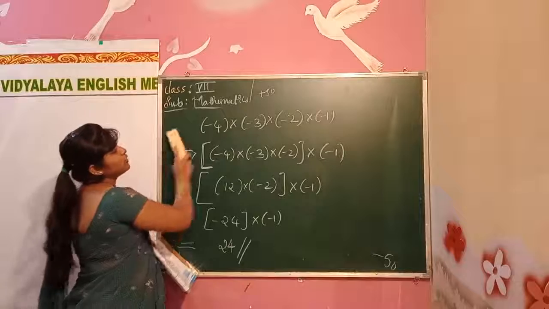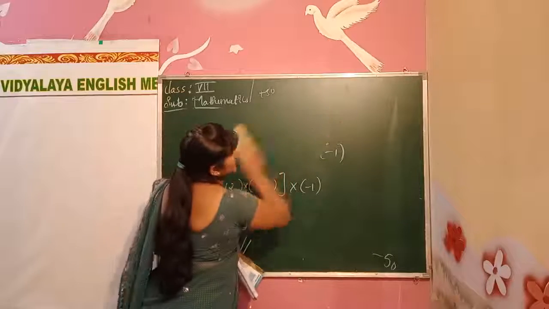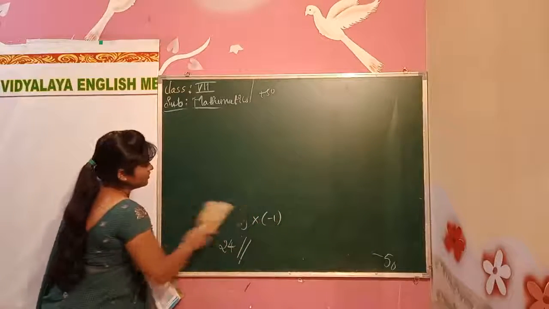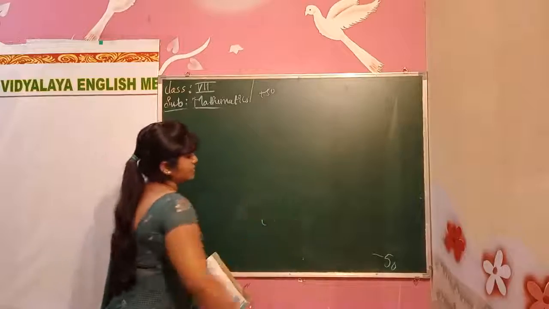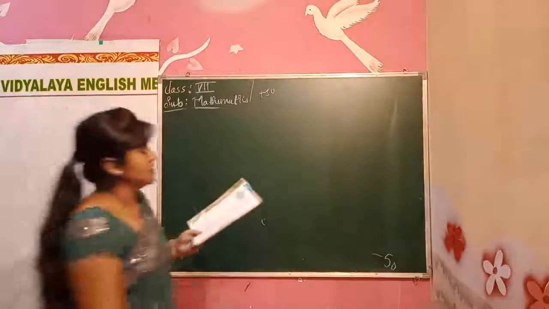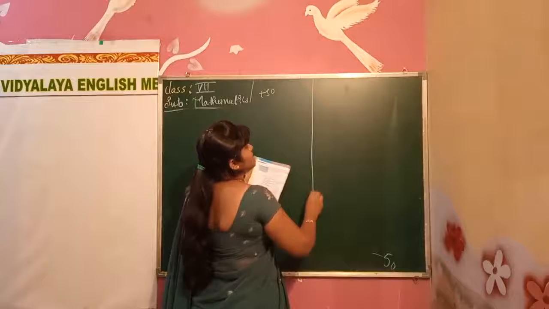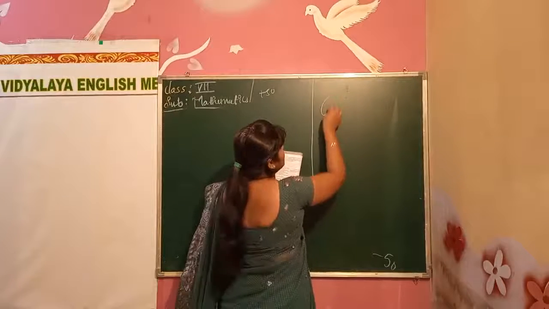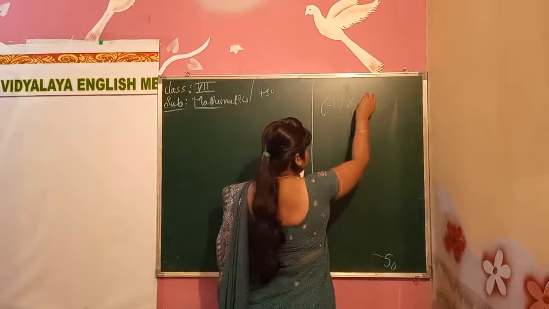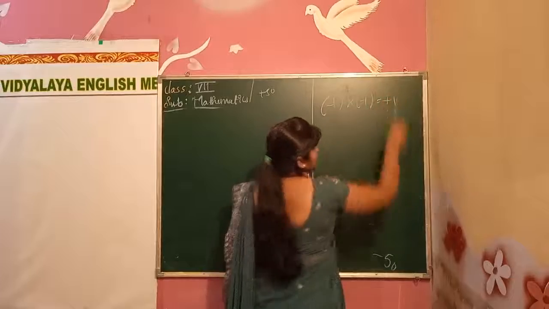I will tell you the rule now. We have some rules for multiplication of negative integers. When we multiply two negative integers, we get a positive integer.